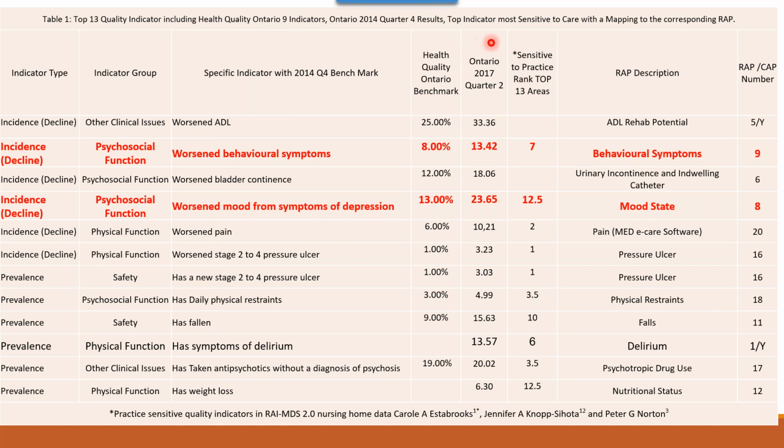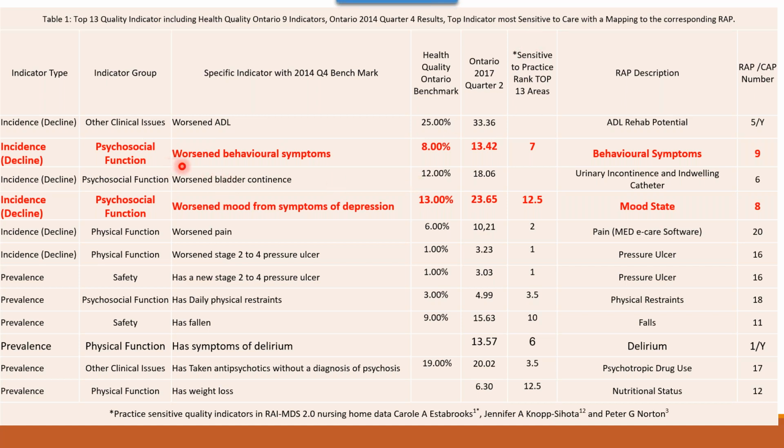Now remember this table, this is where we're looking at Health Quality Ontario benchmarks. We're looking at the most recent data published for Ontario. And we're looking at Carol Esterbrook's paper, where they came up with quality indicators that nursing care actually has an impact on. Carol Esterbrook came up with 13 different indicators that nursing care could have an impact on.